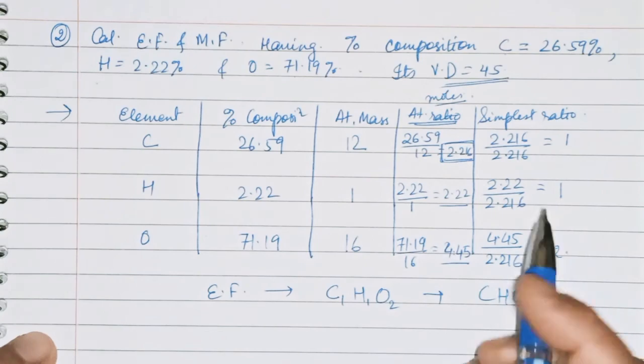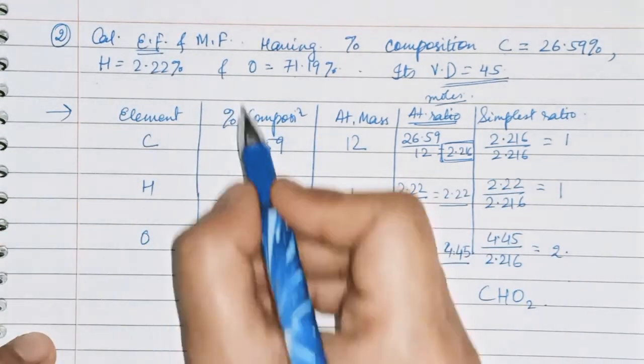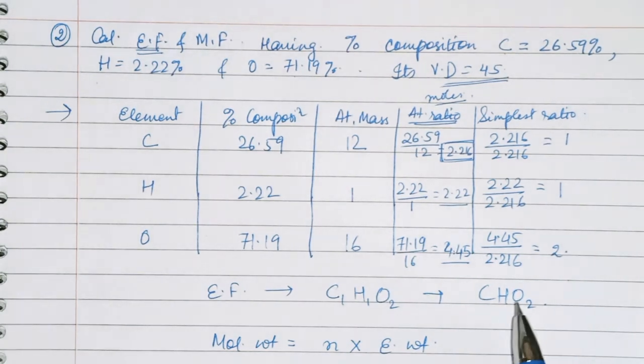Now you have to calculate the molecular formula also, as the empirical formula is done. So the molecular weight is equal to N into empirical weight, as we have done in the previous one. Empirical weight will be 12 plus 1 plus 32 for this. So 32 and 1 is 33, 34, 35... 45.